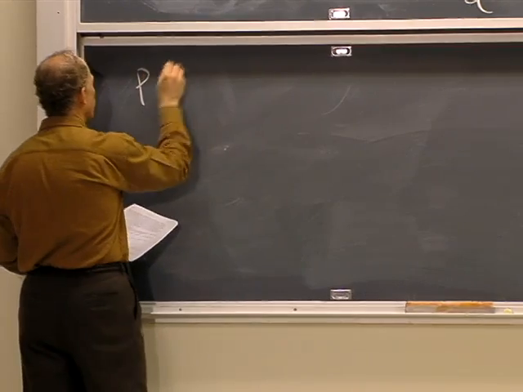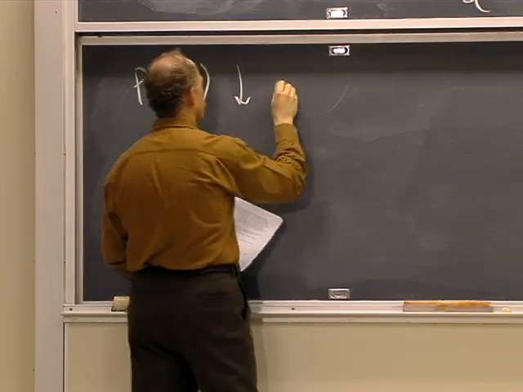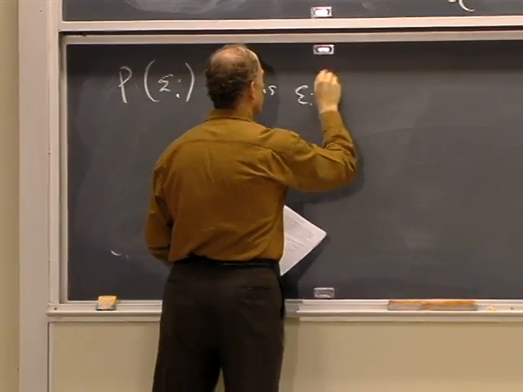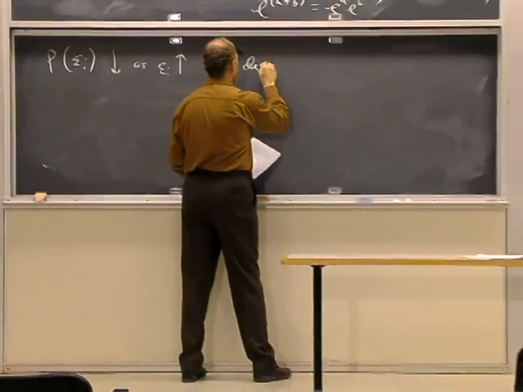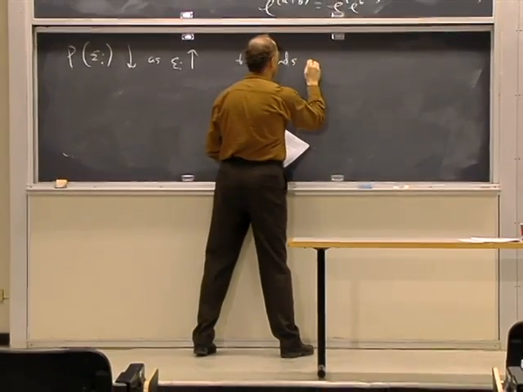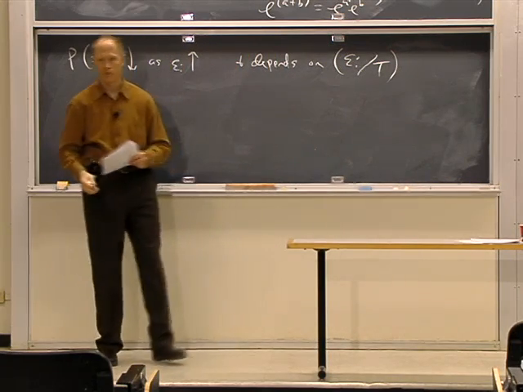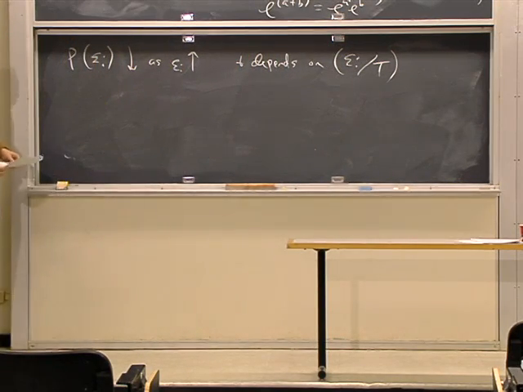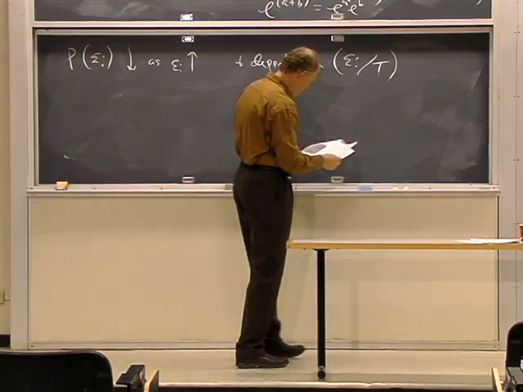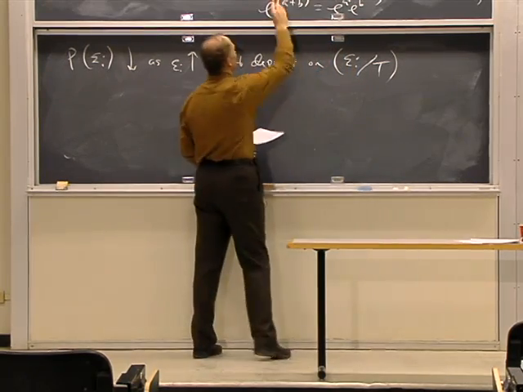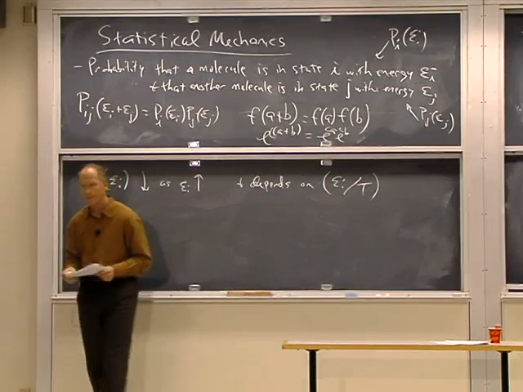So P of EI should go down as EI goes up, and should depend on EI over T, right? So we can start with this functional form, and by the way, there's no reason we can't have, in general, some constants here, right? I mean, we haven't changed anything to do that.